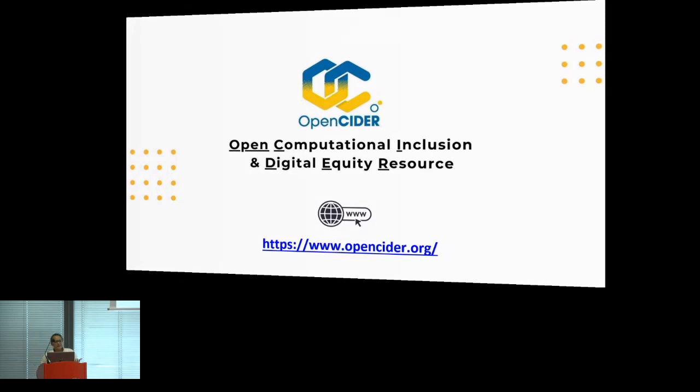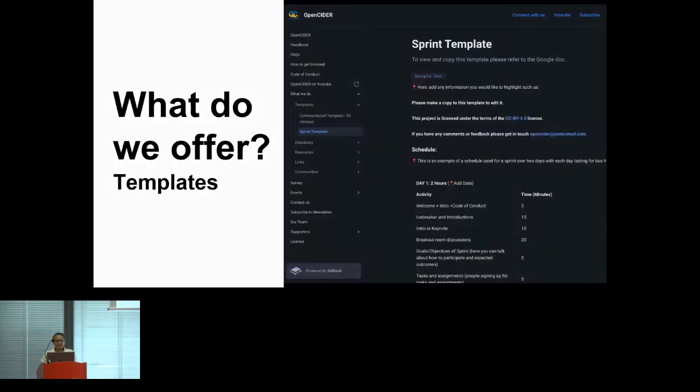OpenCider is a practical toolkit. Whether you are a community or aspiring to build one, or you're building a space for knowledge transfer, you might be looking for templates and how to start, how to go about things. These are some of the templates that we offer.